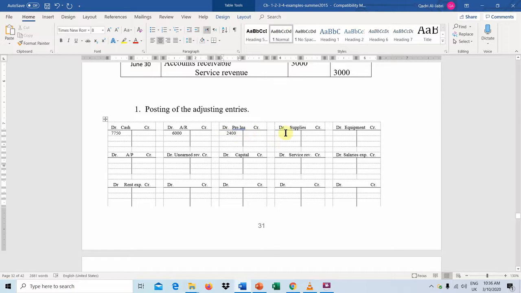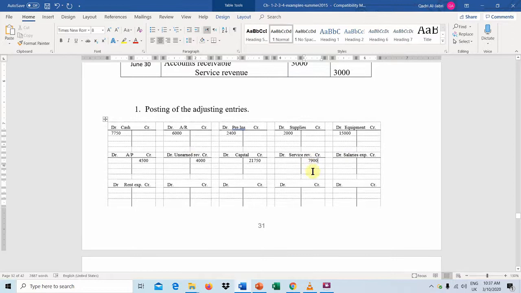I have supplies debit by 2000, equipment debit 15,000, accounts payable credit by 4,500, unearned revenue credit for 4,000, capital credit for 21750, service revenue credit for 7,900.